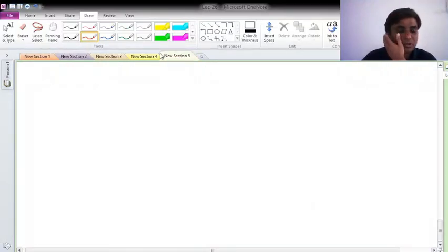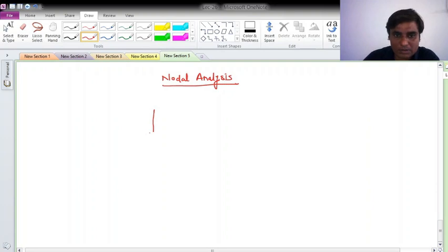Now let us solve the same example with nodal analysis. Take the same example like this.